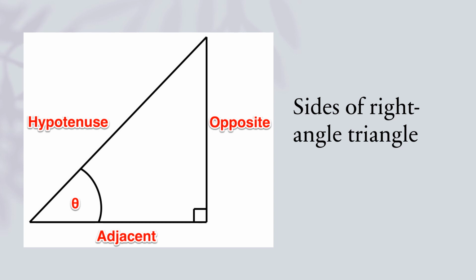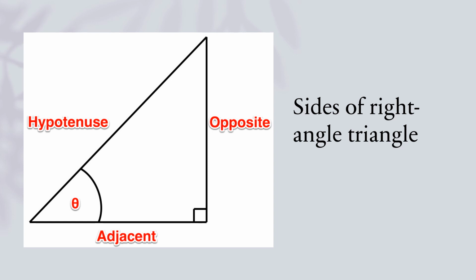We have the hypotenuse, opposite, and adjacent. These are the three sides of it, and you can see theta in red. That is what we are referring to, and we are considering this as a right angle triangle.